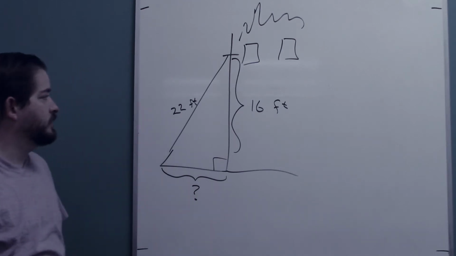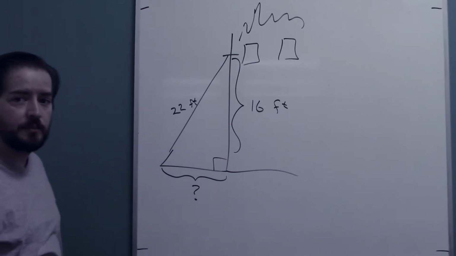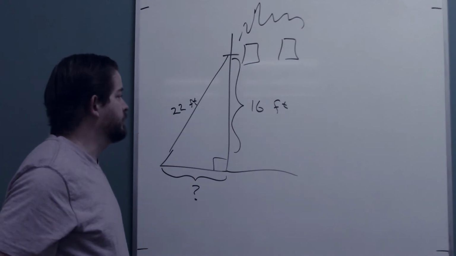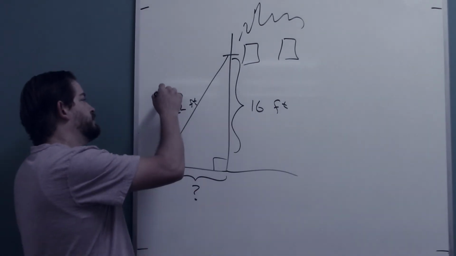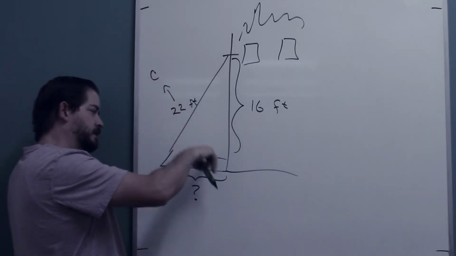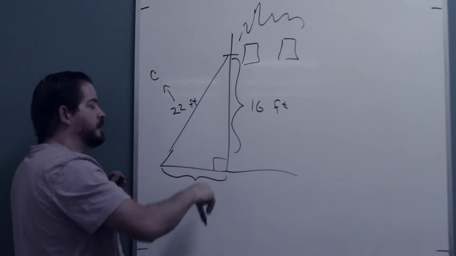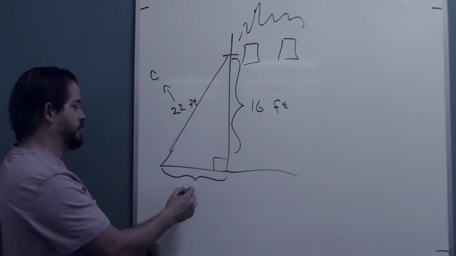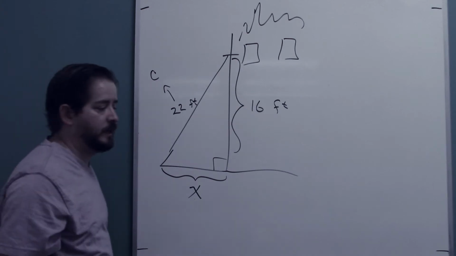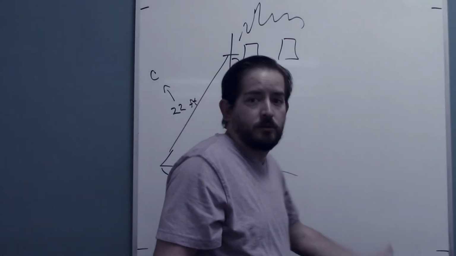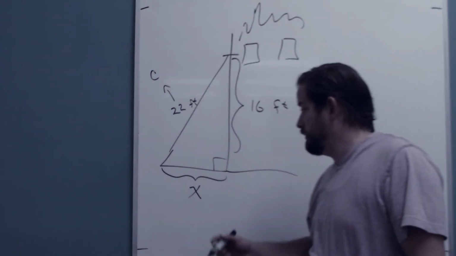So you might see some question like this, and this is just an application of that Pythagorean theorem, right? Where this 22 is my c, it's the hypotenuse because it's on the opposite side of the 90-degree angle. And so this, instead of a question mark, I'm going to label as x, if you like, or b, or a, or pick a letter and go and run with it.